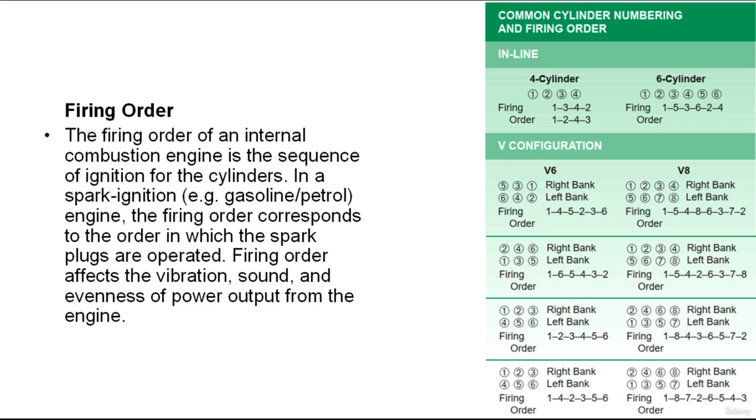These events are identified by where they need to happen in order for number 3 to be ready to fire next, and so on. The firing order of an engine is determined by its design and the manufacturer's preferences. An engine's firing order can be found on the engine or on the engine's emissions label and in the service manual.